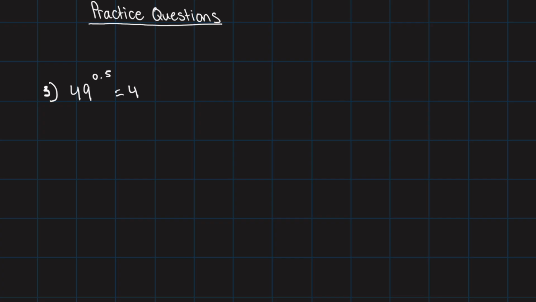That's why it's very important that you know little conversions like this. You can also, if you're allowed calculators, put 0.5 into your calculator and ask it to turn it into fraction form, and that will give it to you. So 49 to the power of 1/2 just means the square root of 49, which is 7.